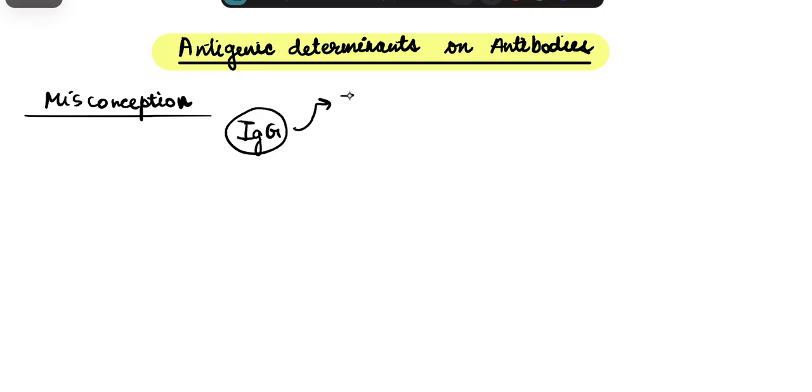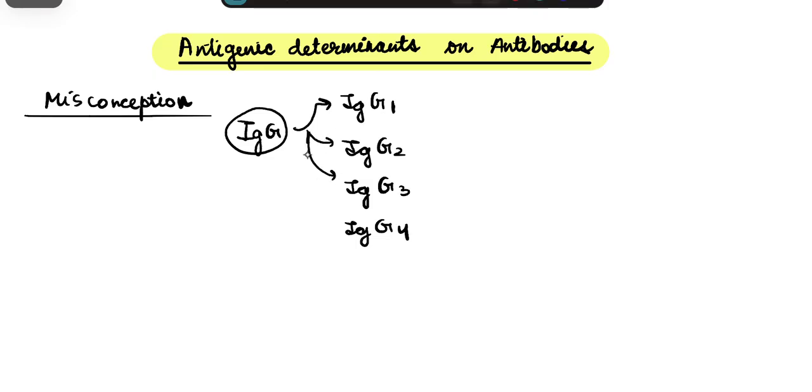The IgG antibody has four further types: IgG1, IgG2, IgG3 and IgG4. There are four forms of these antibodies. The common misconception is that people mistake the two of them to be isotypes of each other. Are the two isotypes of each other? No, they are not. You can consider it with a similar kind of analogy, that is, suppose there are four glasses.